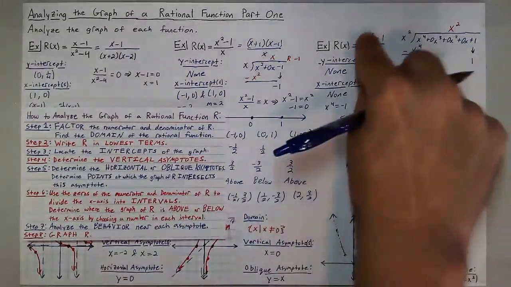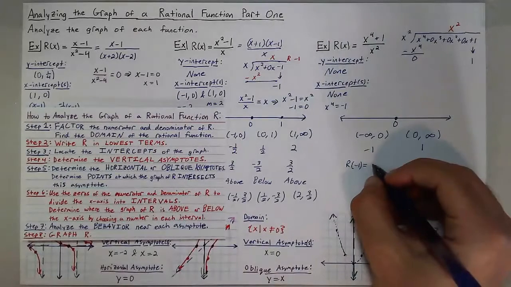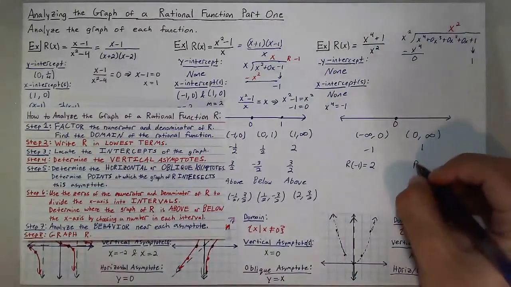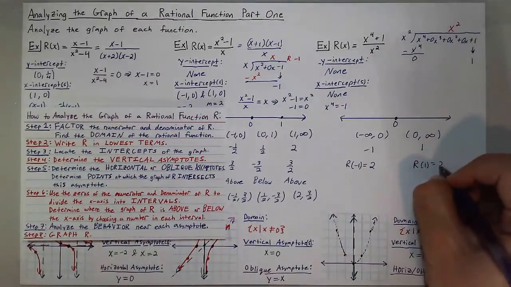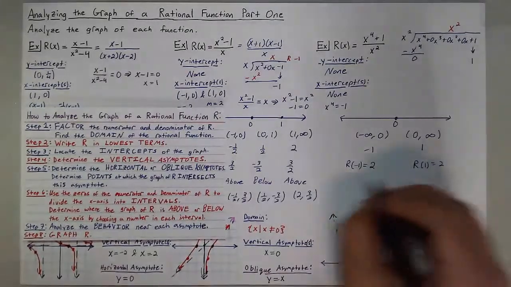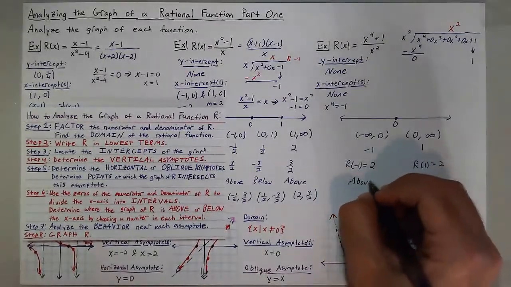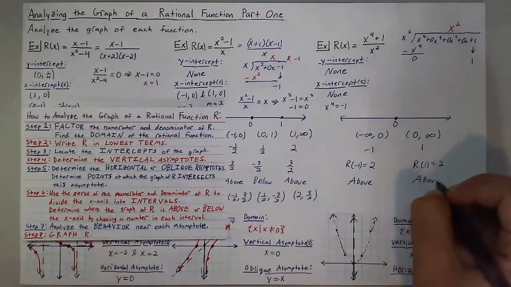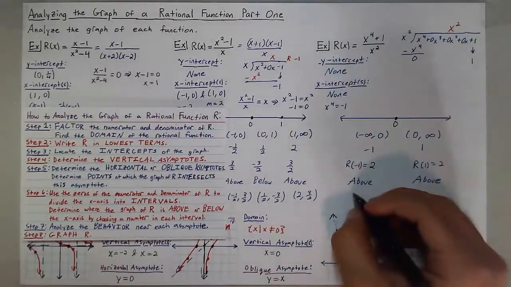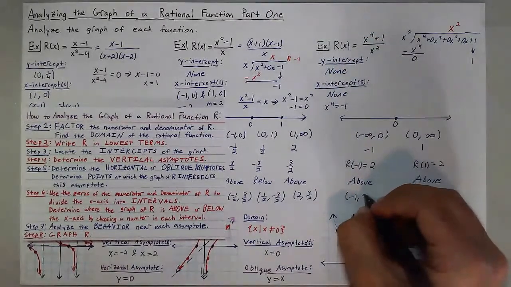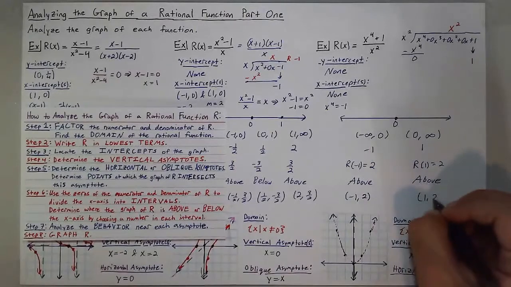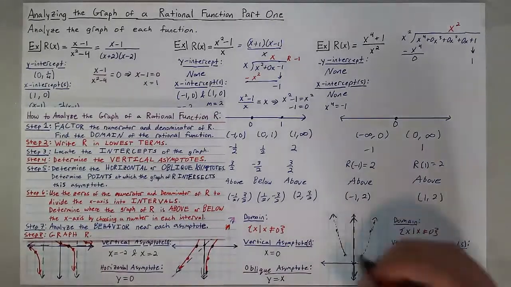I'll get 1 plus 1 over 1, which will be 2. And R of 1 would be the same exact thing, also 2. So since they're positive, it'll always be above the x-axis the entire time. So it's a non-negative function. And I'm going to plot the points negative 1, 2, and 1, 2.